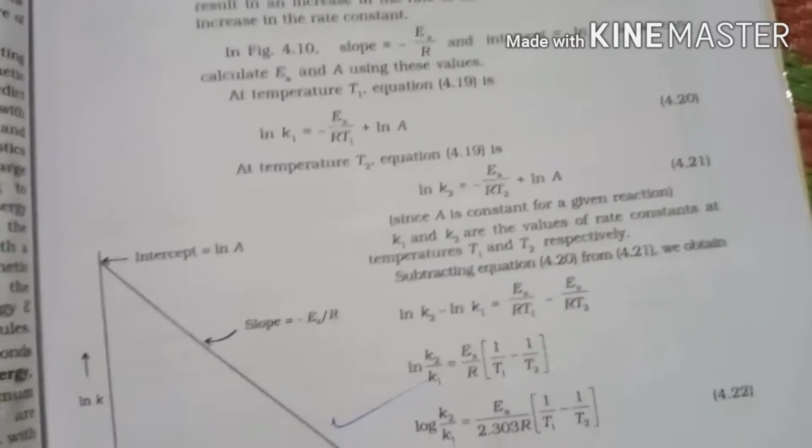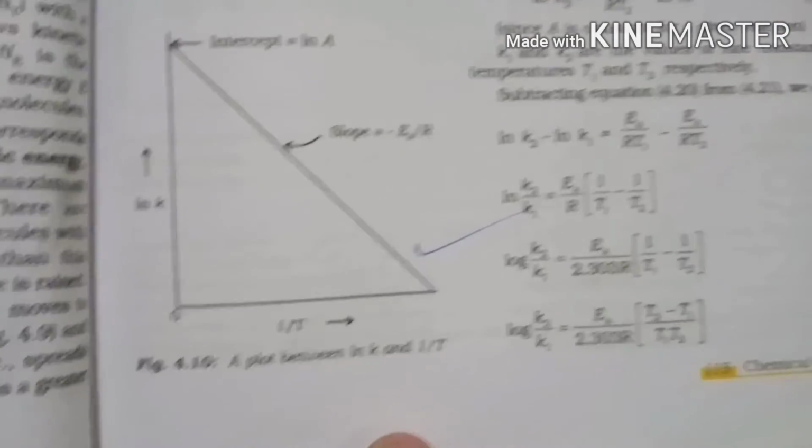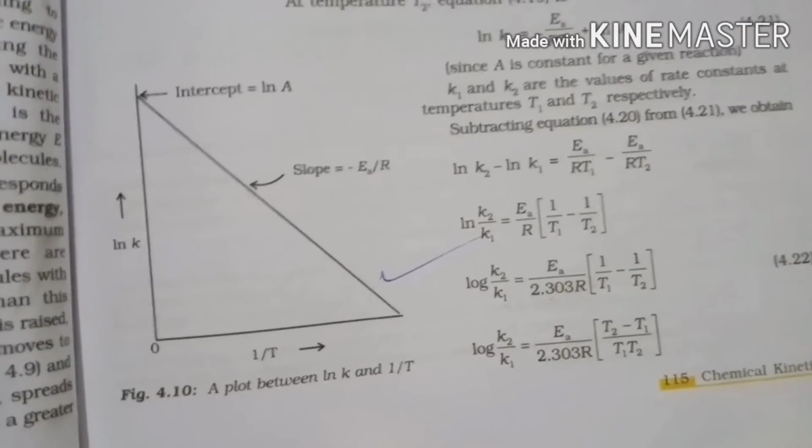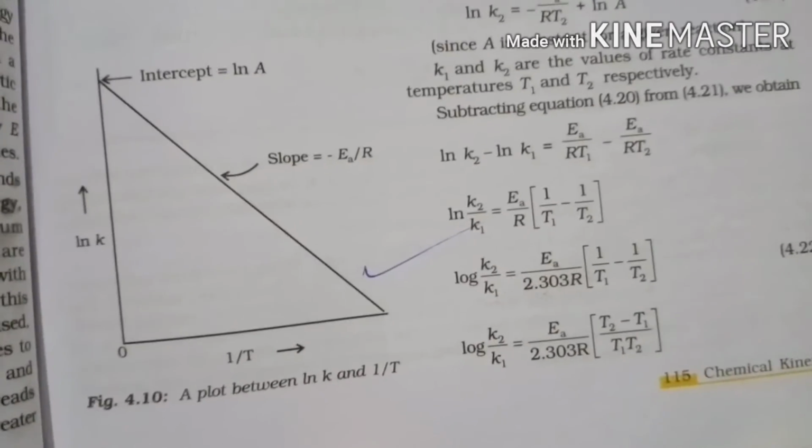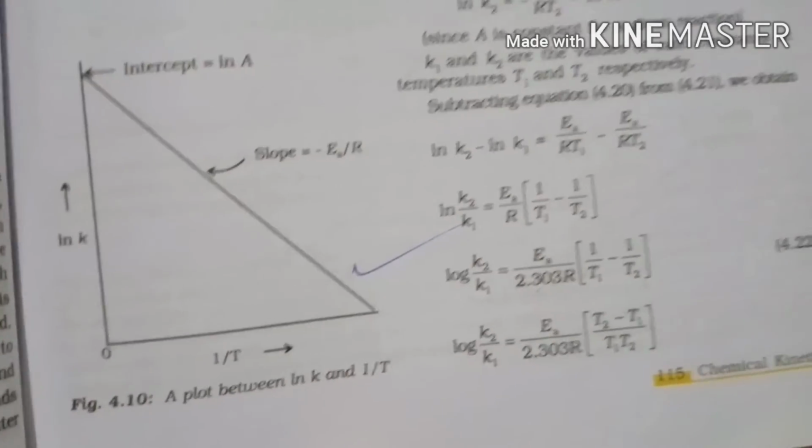Subtracting these, we get ln k2 minus ln k1 equal to Ea by RT1 minus Ea by RT2.